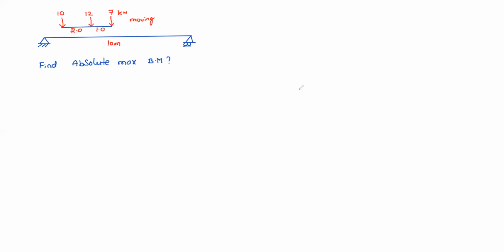So step one: find the centroid of the loads. Centroid of loads means the resultant, where it acts. Very simple: 10 into 0 plus 12 into 2 plus 7 into 3, divided by 10 plus 12 plus 7.